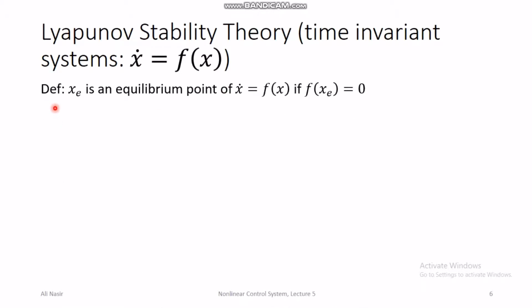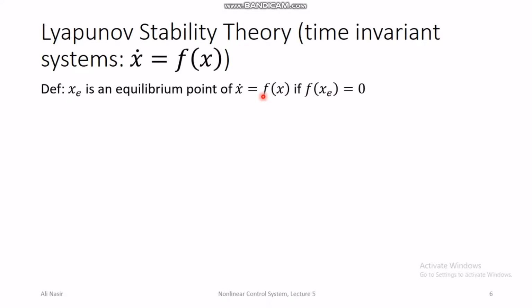Well, before we talk about stability, we have to define something called an equilibrium point. So xe is an equilibrium point of a nonlinear differential equation if f of xe is equal to 0. That means that it is the value of x at which all the derivatives are equal to 0. In other words, an equilibrium point is a point at which the dynamics are 0.